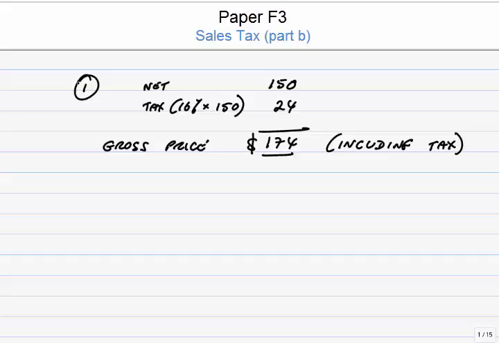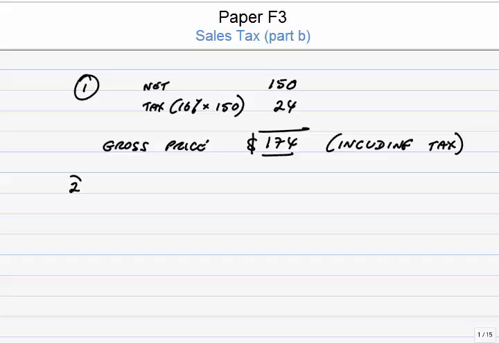So certainly in a shop, this item in example 1, the price marked on it would be $174, the actual amount you'd pay. It would actually include the tax. It would really be $150 plus 24. And what you can be asked in the exam is to work backwards.